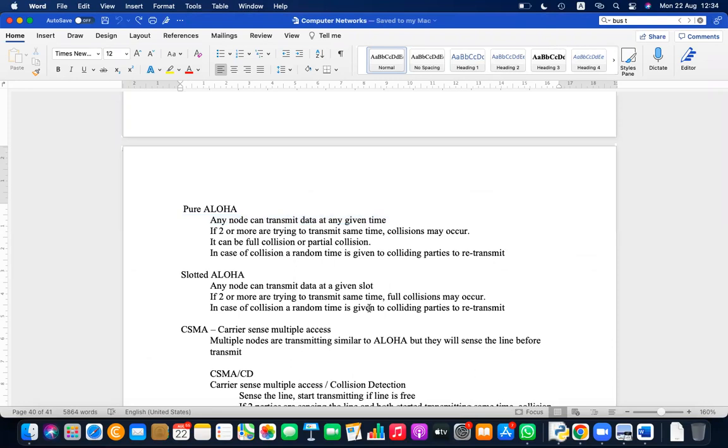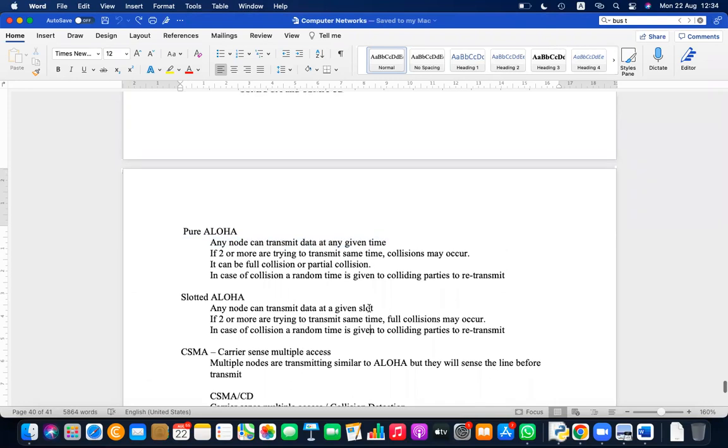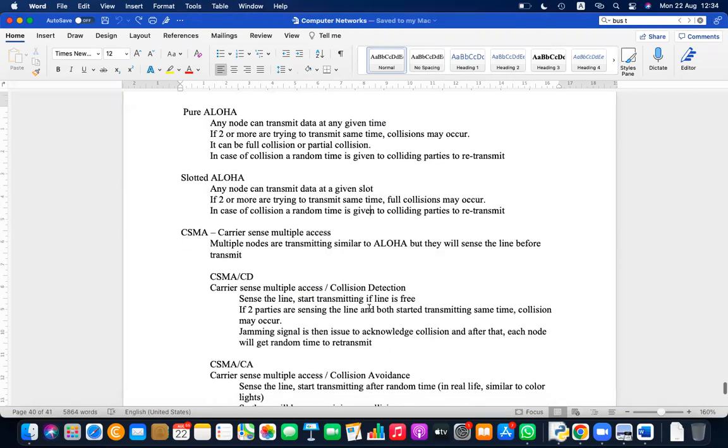Okay, pure Aloha. Let's learn about this. Pure Aloha means any node can start transmitting anytime. When I want to transmit, I can start transmitting. If two or more try to transmit at the same time, there can be collisions, which means the messages can be crashed.